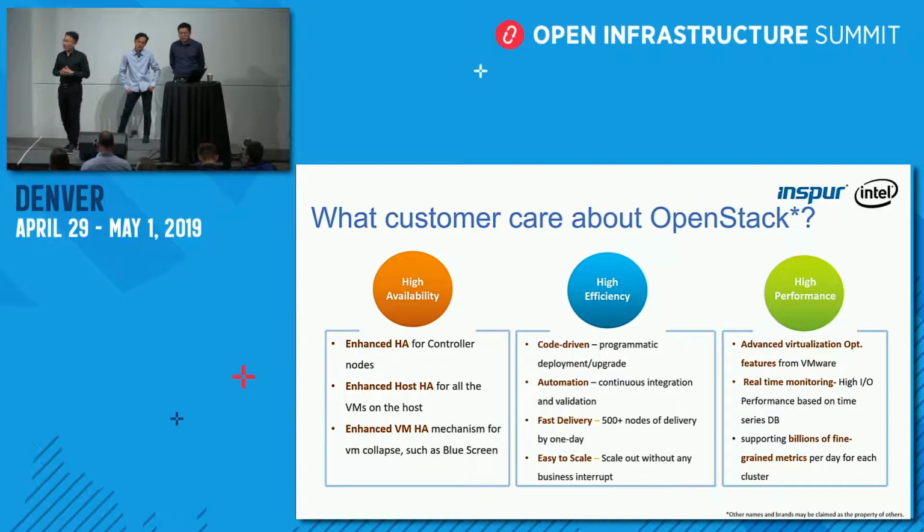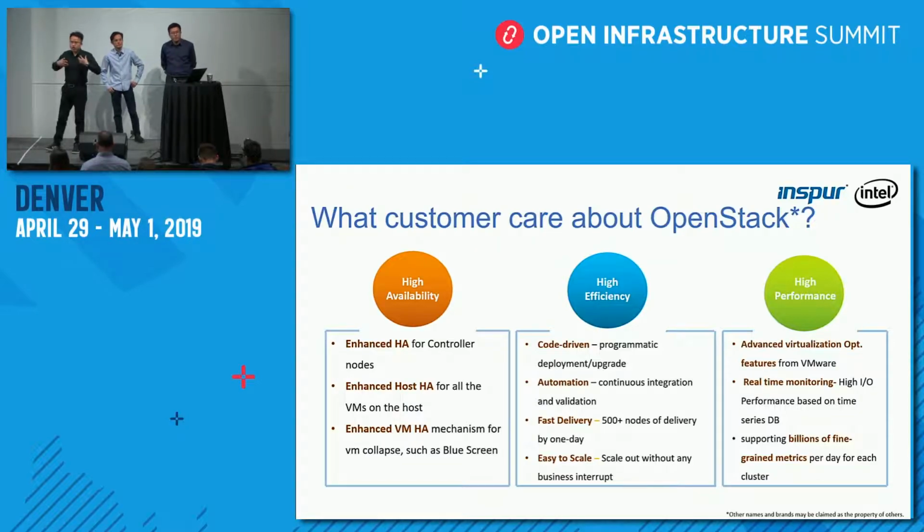And the second is high efficiency. Today, the business of our customers is becoming more and more agile, so it also needs the cloud infrastructure to become faster and more agile.